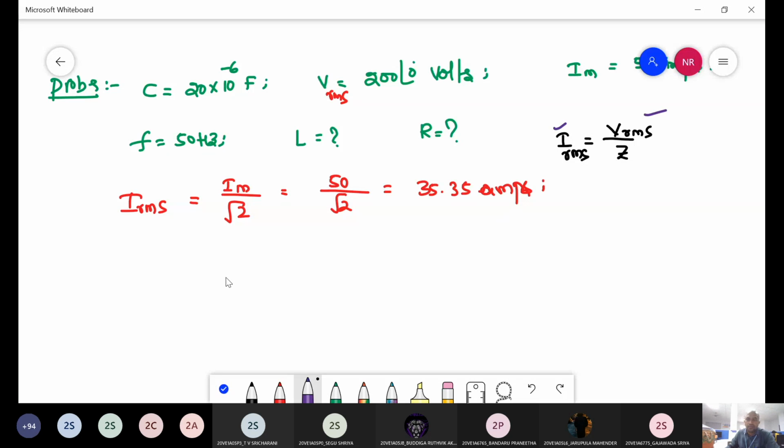Then can we calculate Z? Z equivalent is equal to VRMS by IRMS. Here just calculate the magnitude, that's enough.